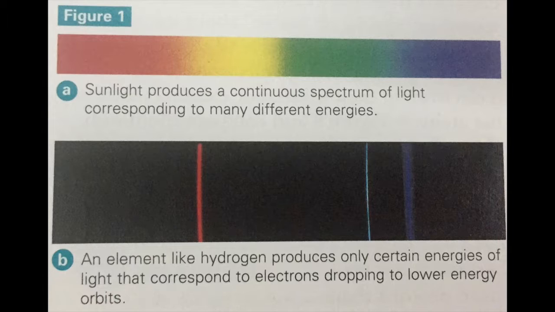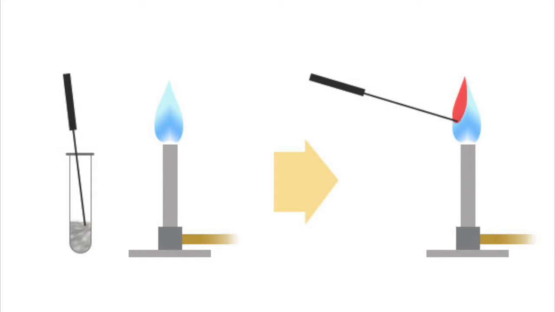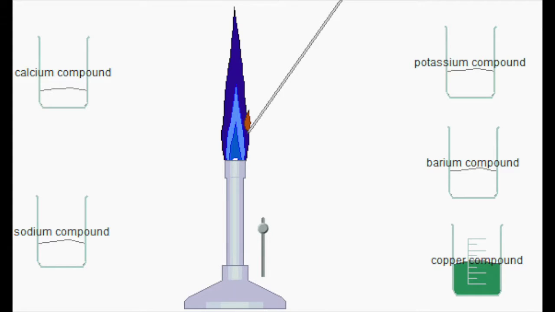These colors are like the fingerprints of elements, especially metals, even when they are combined with other elements in chemical compounds. In this investigation, you will use an experimental technique called a flame test. You will heat samples of a compound and determine the identity of the metal in each.